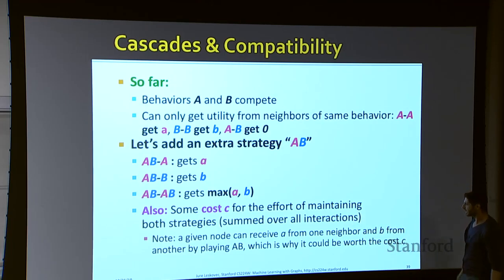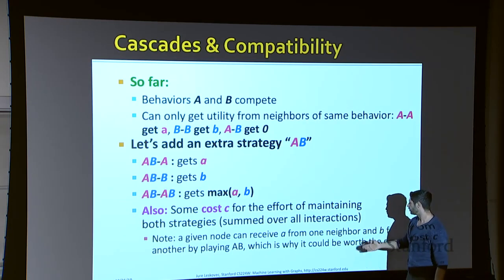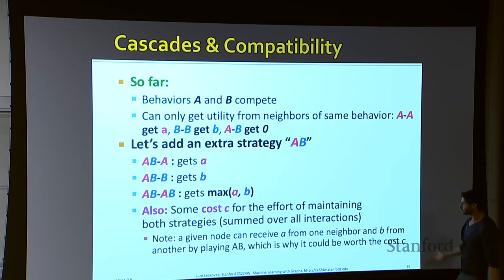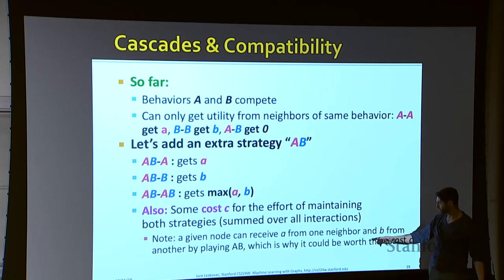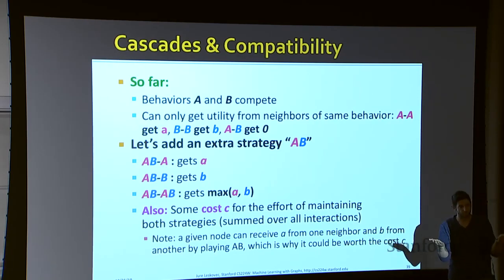And the way in which it works is, a node can receive the payoff A and payoff B from another neighbor by playing AB, but he or she has to decide if this is worth it based on the cost C. Maybe by adopting AB your payoff goes up, but if the cost is not justifying your change of behavior, then this wouldn't be the rational choice for that player.